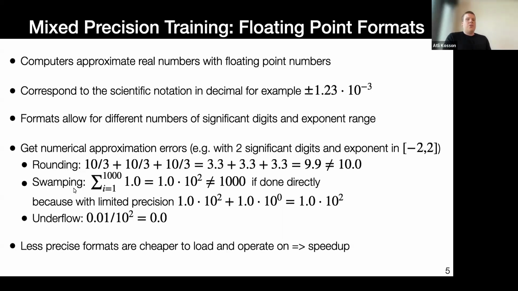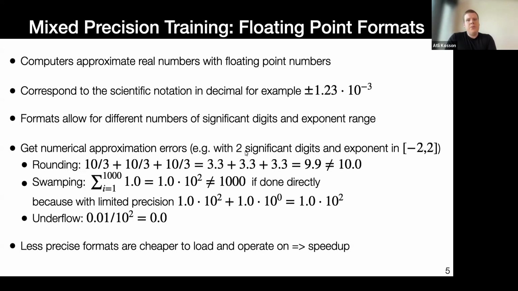Another issue is called swamping, which basically means that if you have a large number and you add a small number to it, unless you have enough significant digits, the result will be the same as the large number. So you can't represent this small change in the value.